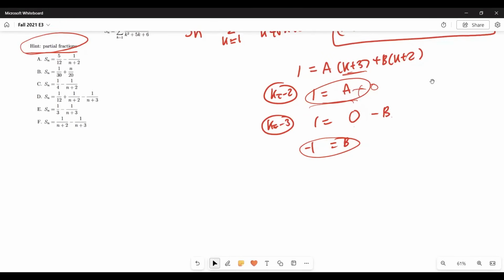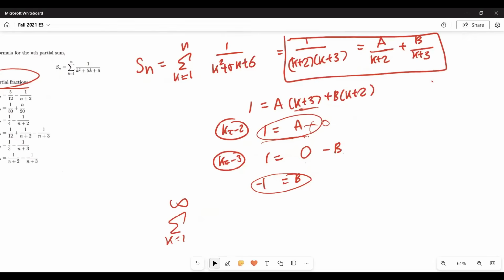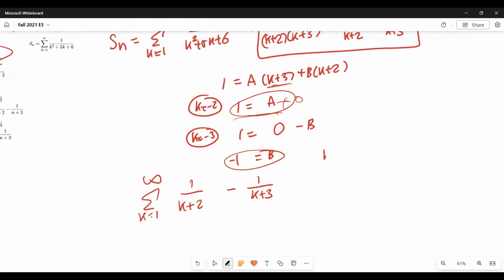So this is basically saying the sum from k equals 1 to infinity of 1 over k plus 2 minus 1 over k plus 3. So let's plug it in now. When k equals 1, this is 1 over 3 minus 1 over 4. When k equals 2, it's going to be 1 over 4 minus 1 over 5. So we see the pattern now.